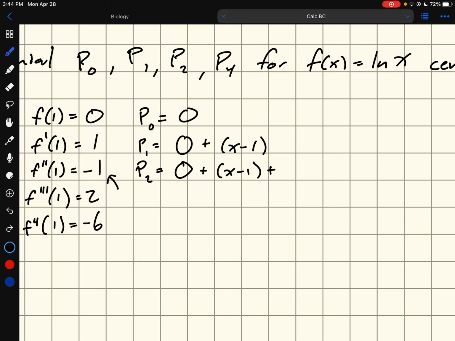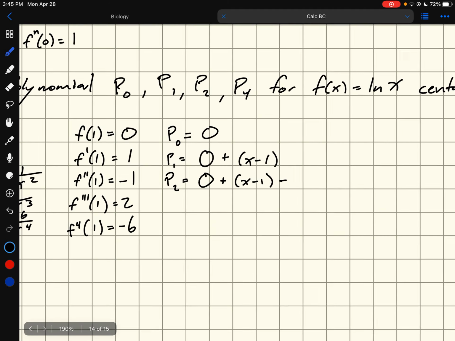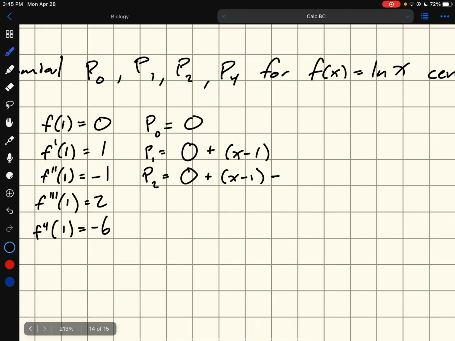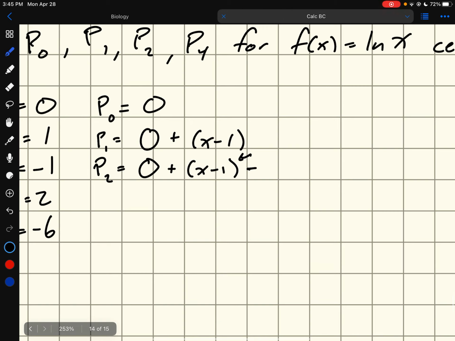F double prime is a negative 1, so this is actually not plus, but now we're turning into minus. And it's just a 1, so I'm not going to write it. And then we're increasing the exponent of this by 1. It's squared. And then we also have our factorial. Don't forget the factorial. It just hasn't shown up because it's like 1 factorial here. So now we have 2 factorial.